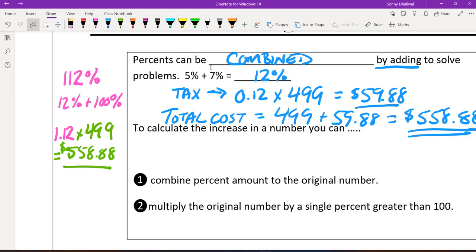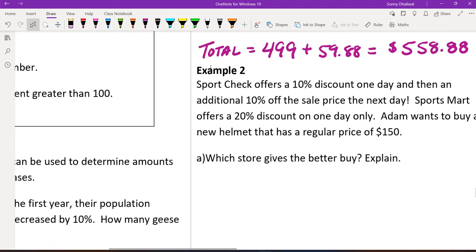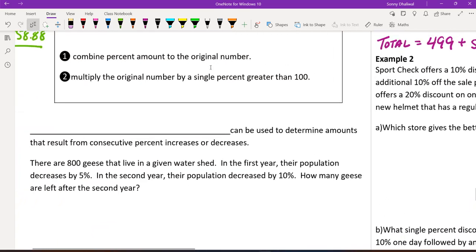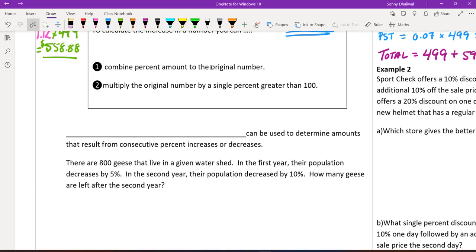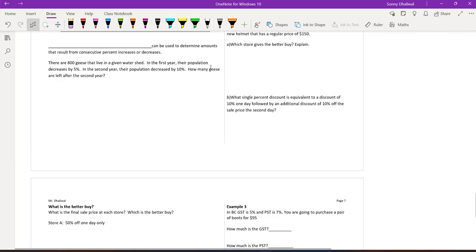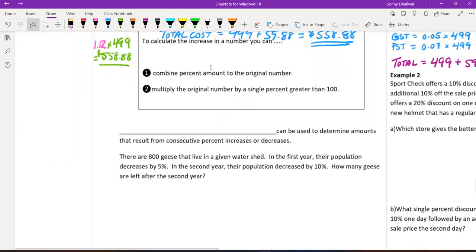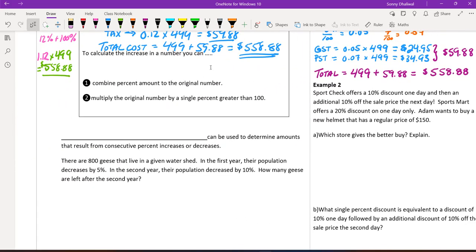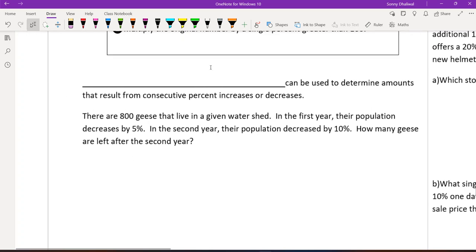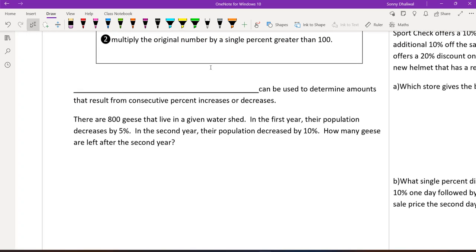All right. So we need to be a little careful though. Just because you're given 2 percentages in a question doesn't necessarily mean you can add those percentages. For example, the next question here. There are 800 geese that live in a watershed.